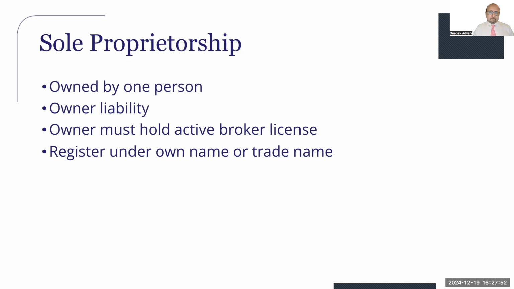Technically, the business is registered in their name. So John Smith is a real estate broker, and he would be practicing real estate under his trade name. The downside of a sole proprietorship is that the owner, the broker, is personally liable for any issues, any damages that may occur in the operation of that business.